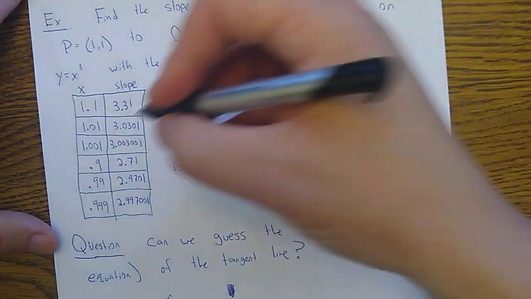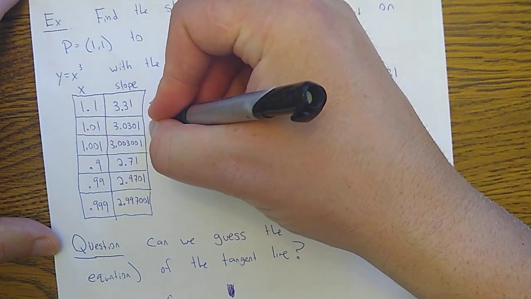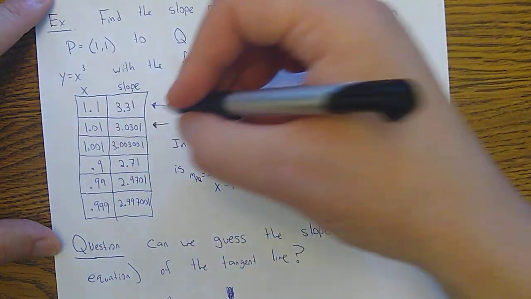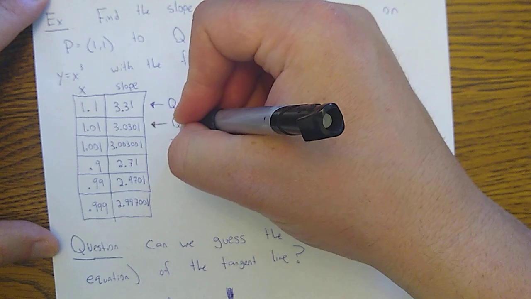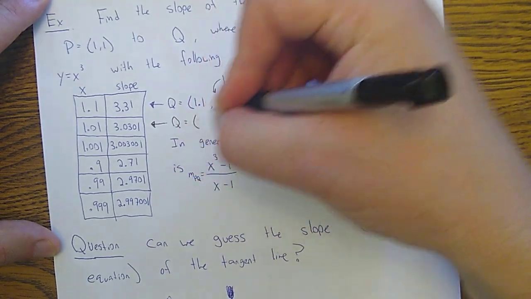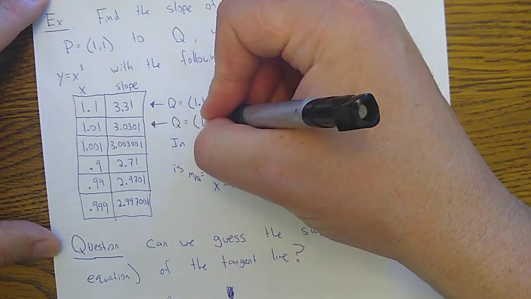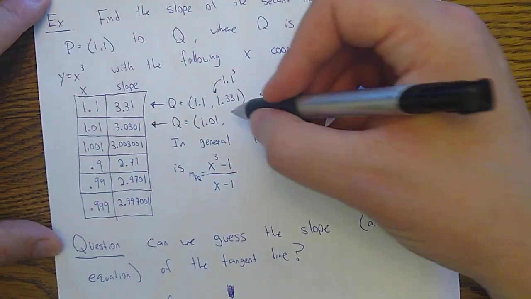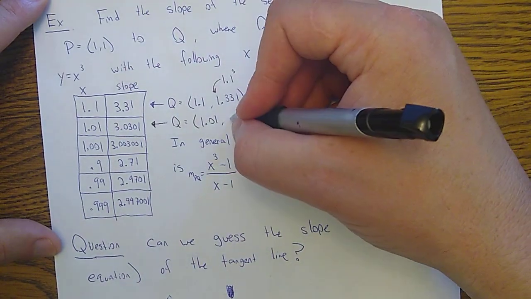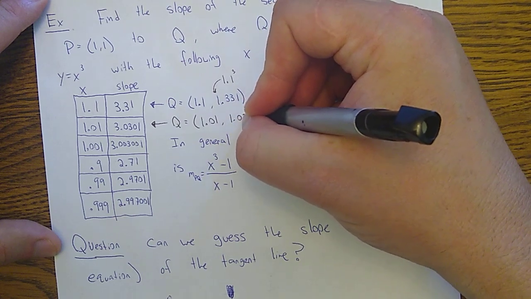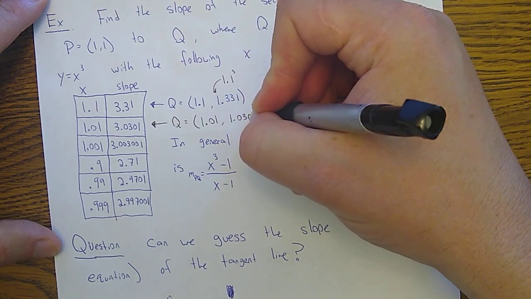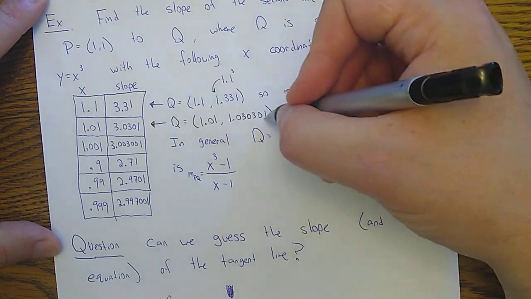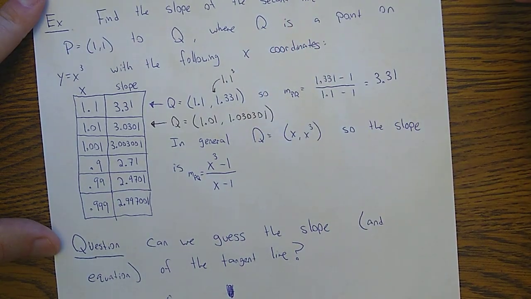So actually, for this video, I can fill in the work for this one. Q is 1.01, and then if I do that cubed, because I'm so good, I can do this in my head, I would get that.